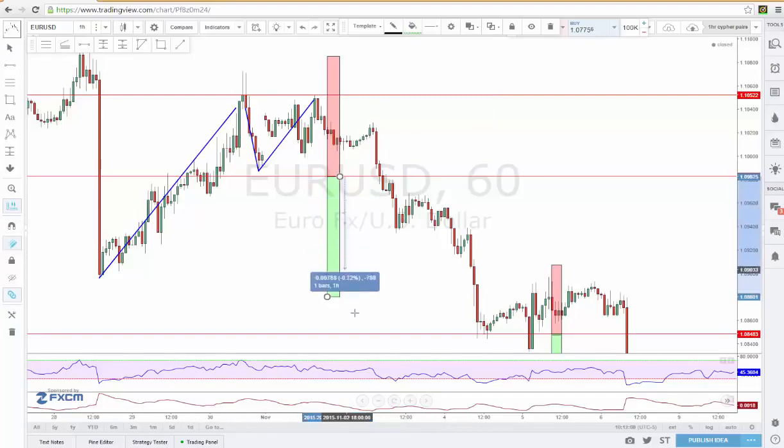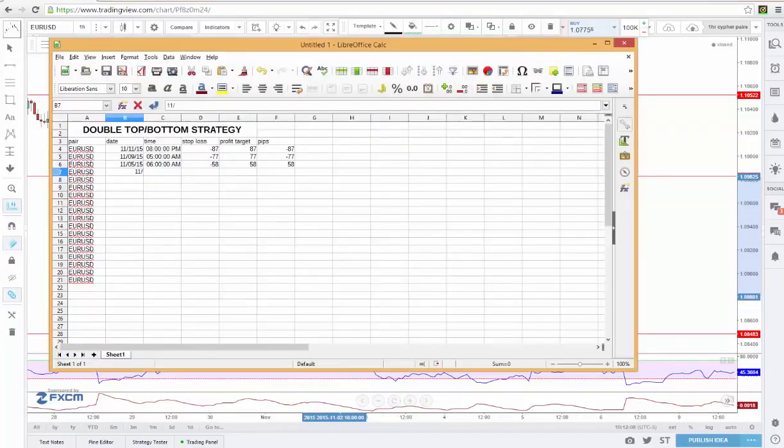Ruler, right at 100 pips on 11/2 at 1400. It was minus 100 on our stop loss, 100 pips on our profit target, and we made 100 pips.